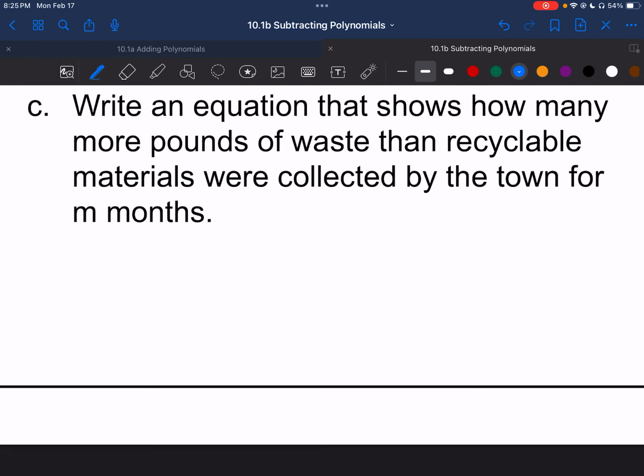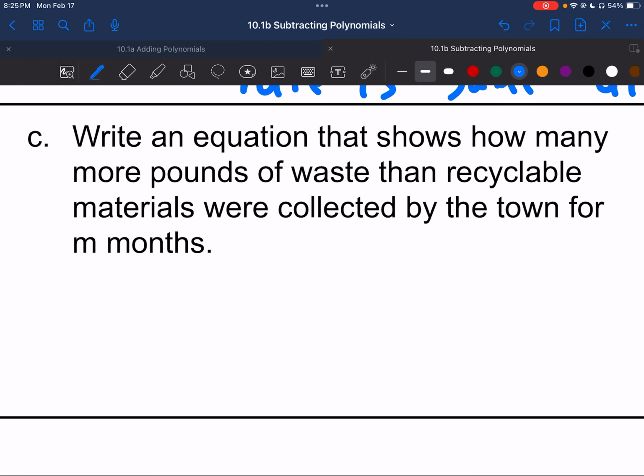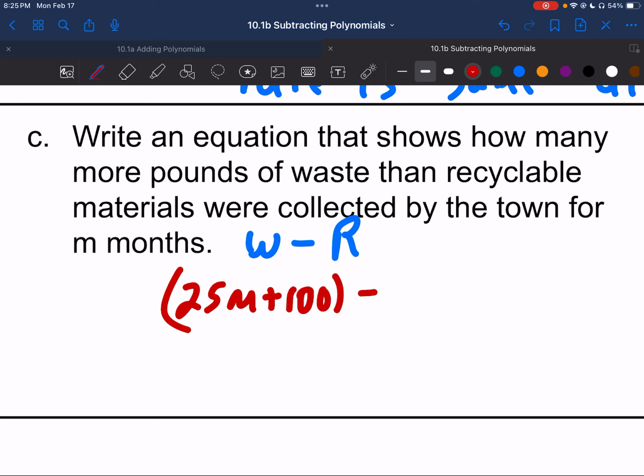All right, so write an equation that shows how many more pounds of waste than recyclable materials there are. So we want to do waste minus recyclable. So the waste, we have 25m plus 100, and we are going to subtract 2m squared minus 7m plus 6.